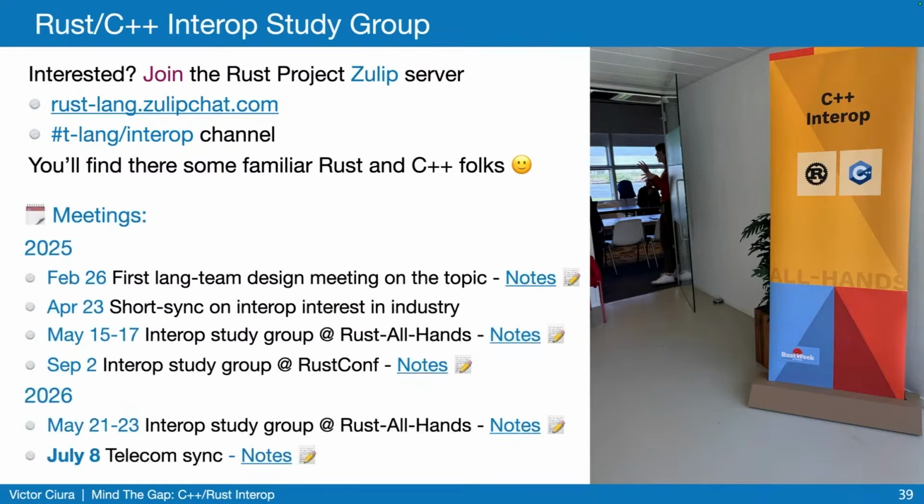We already had a bunch of meetings, one of them very recently. There are extensive notes from these previous meetings, so you can catch up if you want. They're all accessible online. And if you care about this topic, do get involved. We welcome expertise and opinions, and we would like to build these solutions better together.